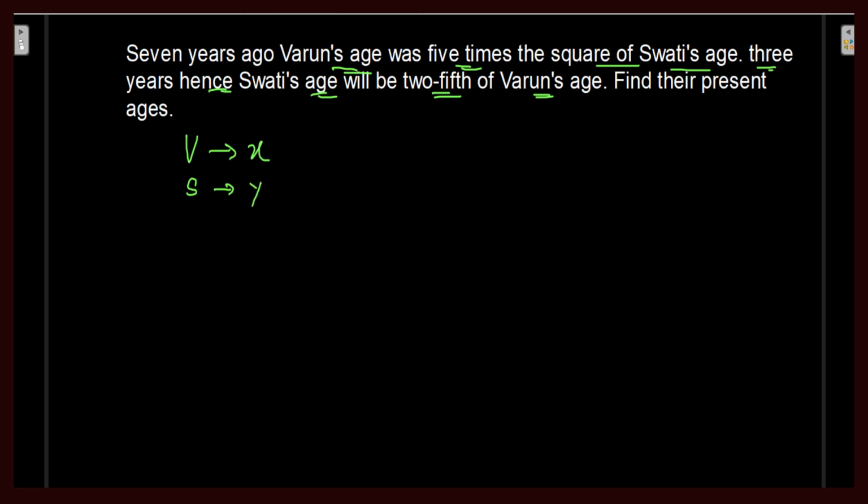Then by condition 1, what we get 7 years ago, Varun's age will be X minus 7 and Swati's age will be Y minus 7. And the relation between these two ages is that 7 years ago Varun's age is equal to 5 times the square of Swati's age.